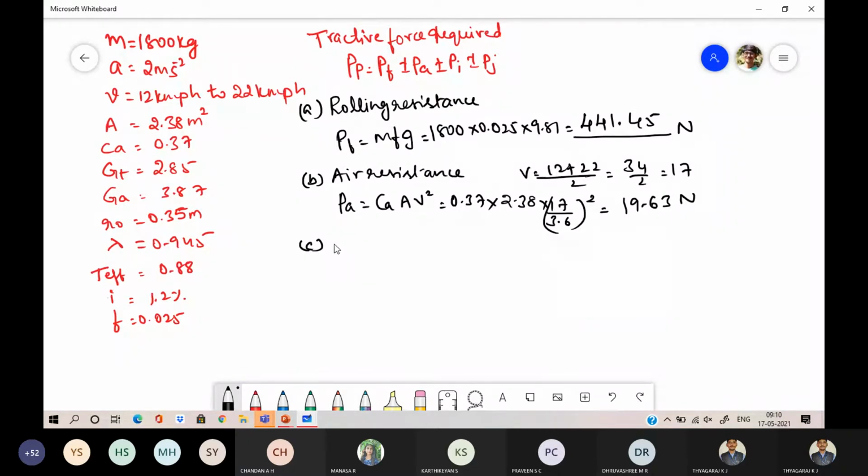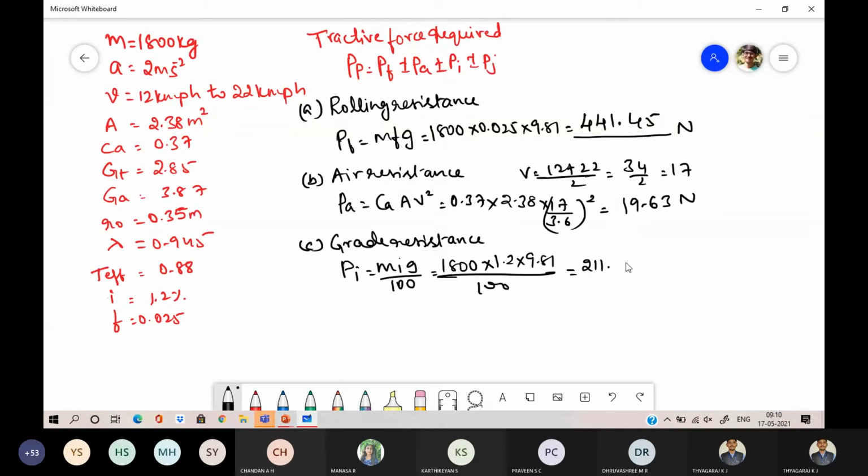Then grade resistance, Pi is equal to MIg by 100. So M is 1800, I is 1.2, into 9.81 divided by 100. So you will get 211.896 Newton.